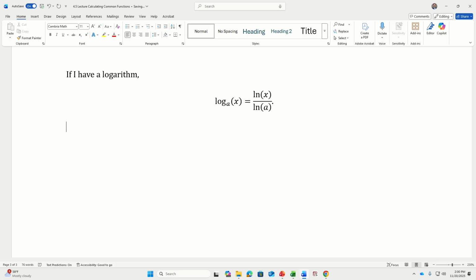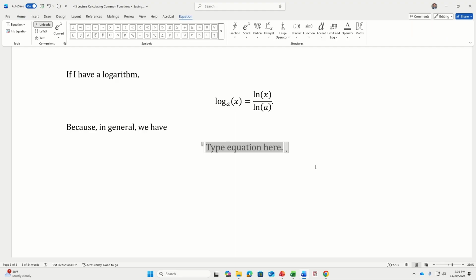So, because in general, we have this. A logarithm base a of x is equal to a logarithm base b.